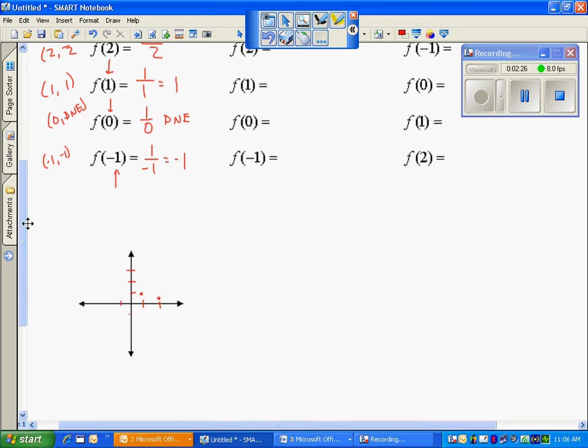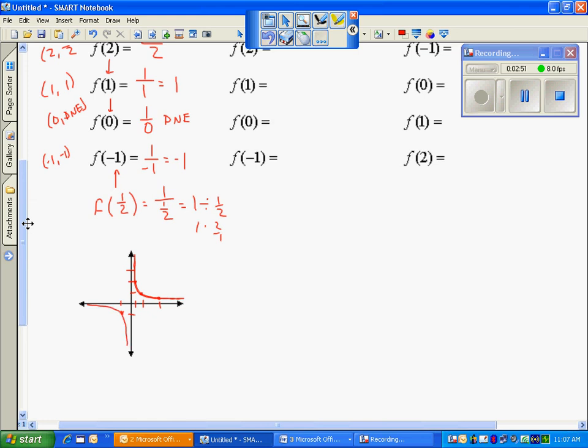If you look, if I plug in a value that's closer, such as f at 1/2, I get 1 over 1/2, which means 1 divided by 1/2. Dividing fractions turns into 2. So this is going to grow and keep growing, and so I'm going to get this little loop, and it's going to follow the axes, and likewise that's what happens here.